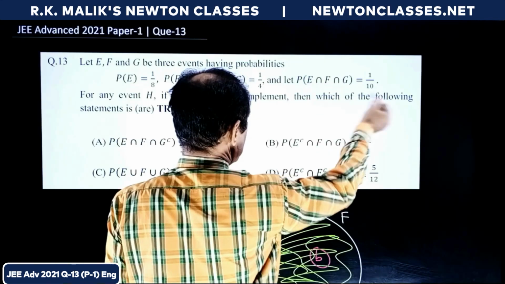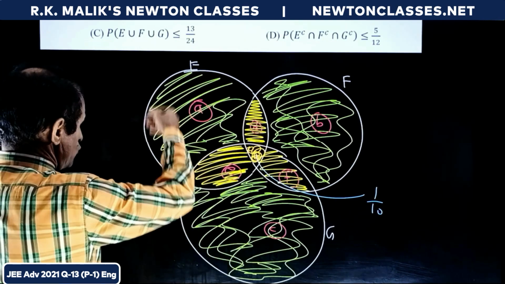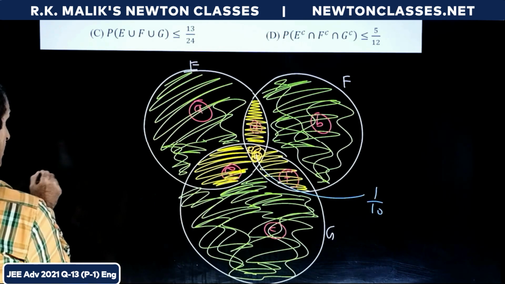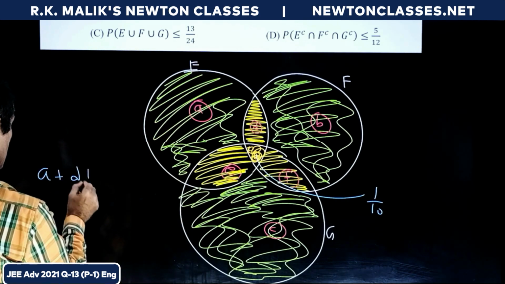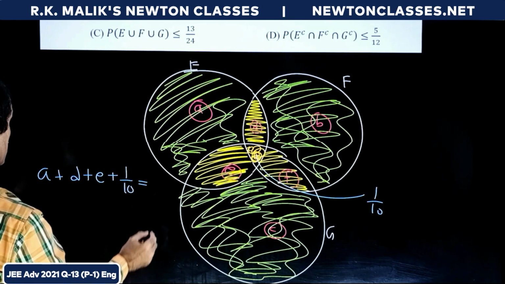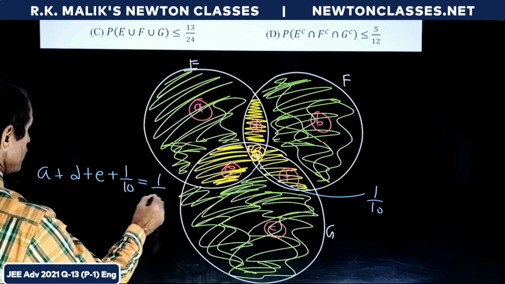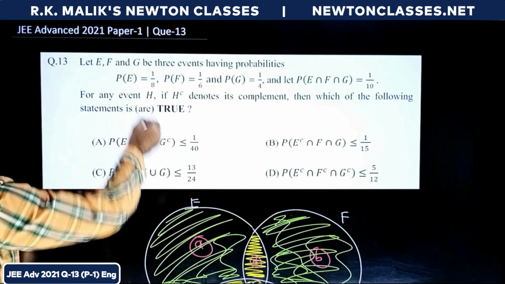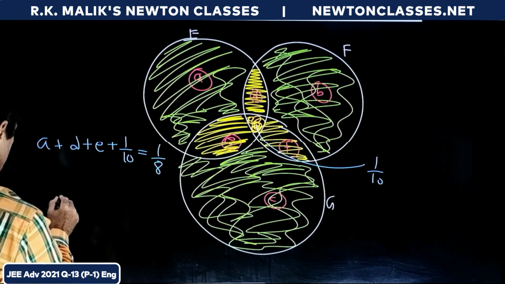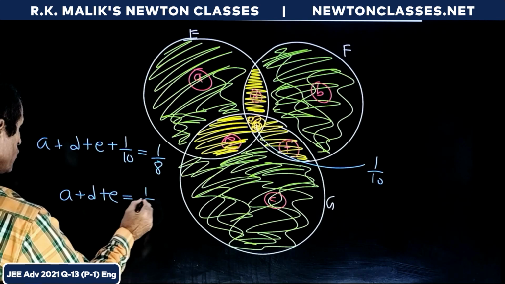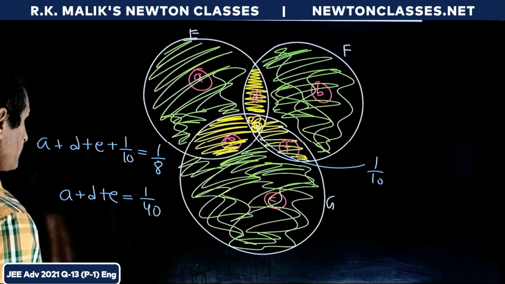From here, because this whole denotes the event E, I can say A plus D plus E plus 1 by 10 is equal to 1 by 8. From here I have got this conclusion, that is, A plus D plus E is equal to 1 by 40.